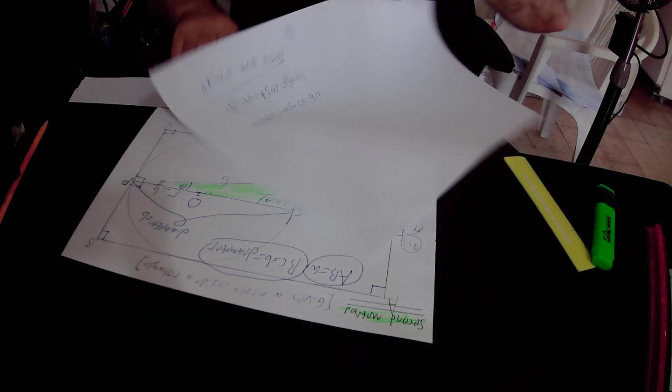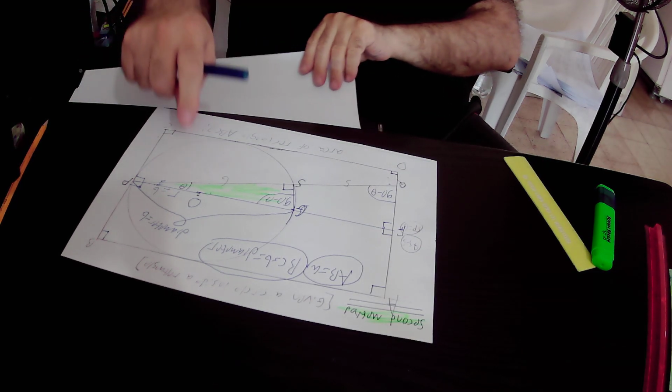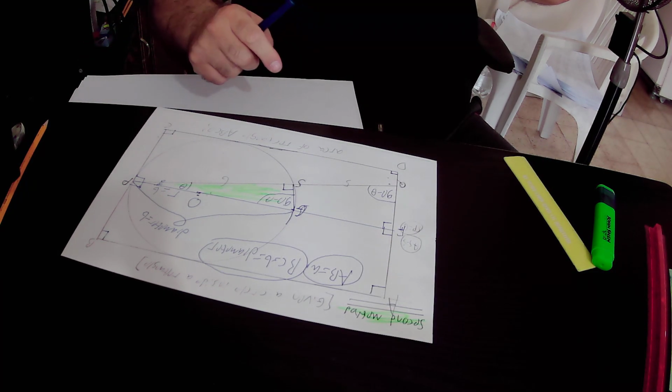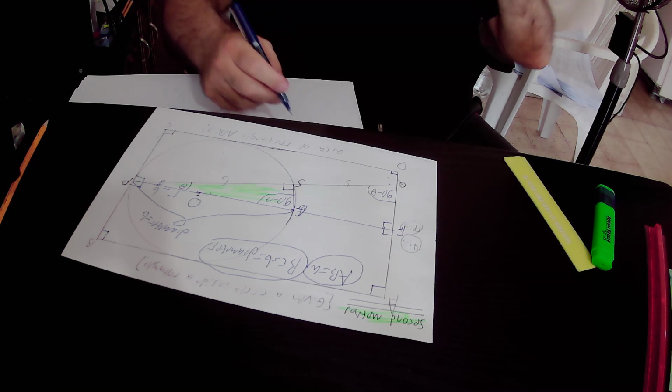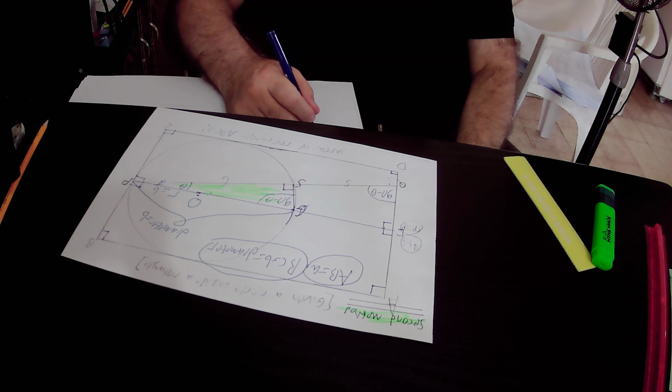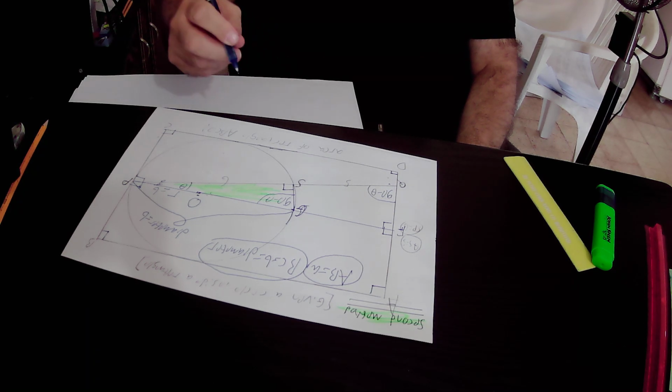And finally, we have this angle theta, a common angle that belongs to both triangles, so angle theta is angle QPF, and it is equal to itself.